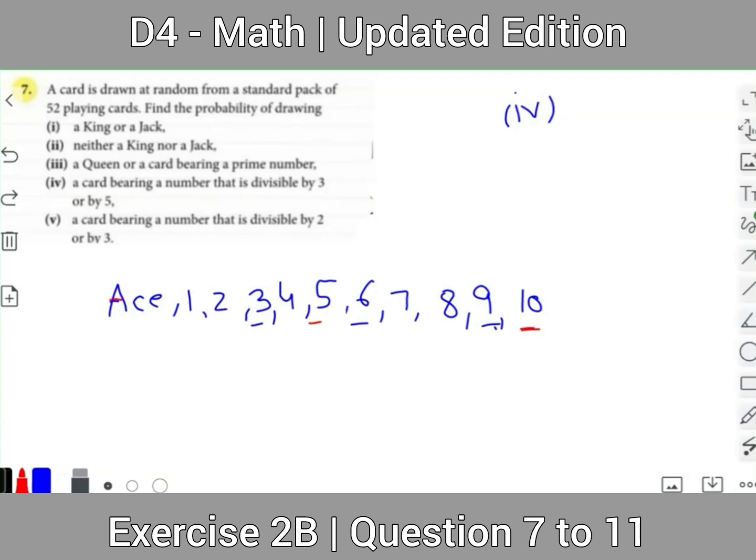Now, since we have 4 suits, again we will write down the numbers.